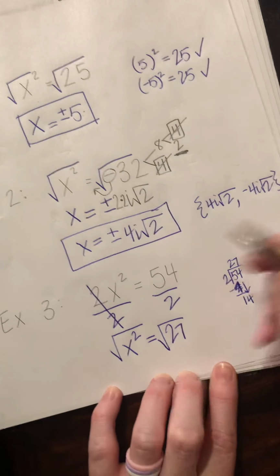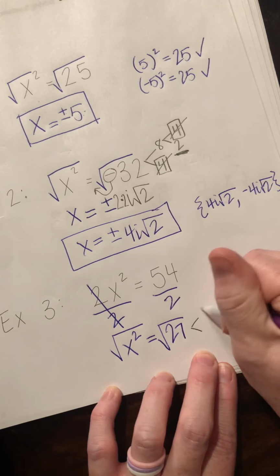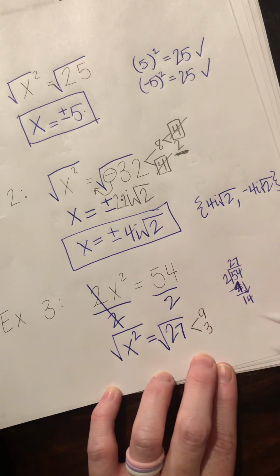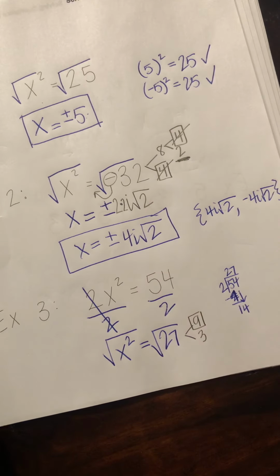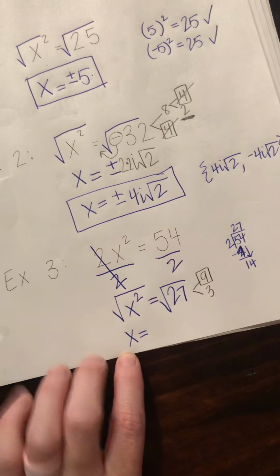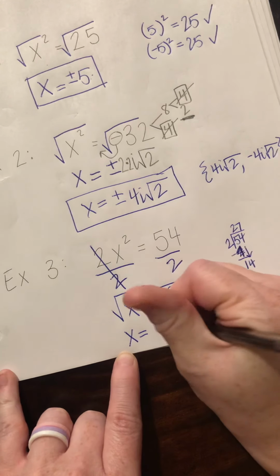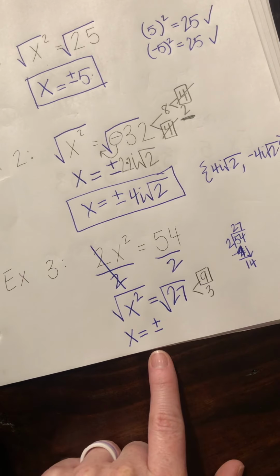Okay. All right, now 27. I'm going to take this and break it down into 9 and 3. Now 9 is my perfect square. So right here, the square goes away. I took the square root, so I'm going to throw a plus or minus out there.